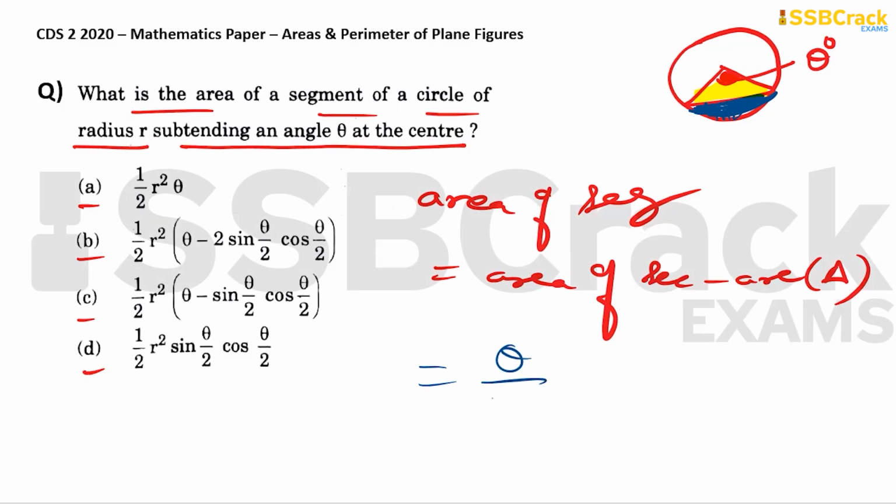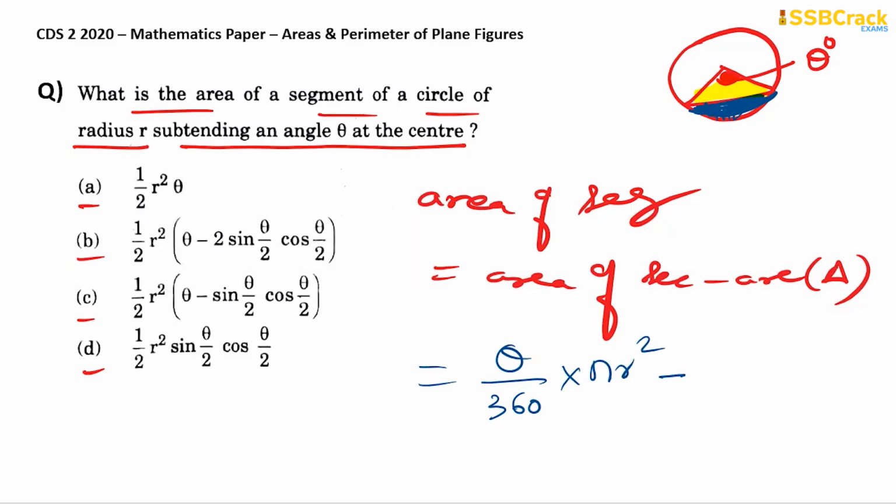It's theta by 360 into pi r square minus half into r square sine theta. You shall know the area of this triangle is half r square sine theta. If you don't know, you can derive it yourself by trigonometry, because this is the radius r. You can derive it by the half into base into height formula for the area of a triangle, and you get this.